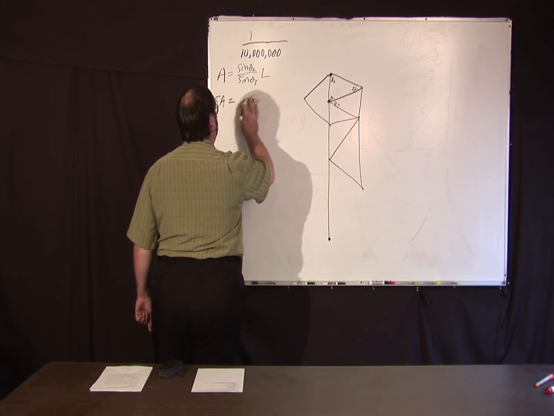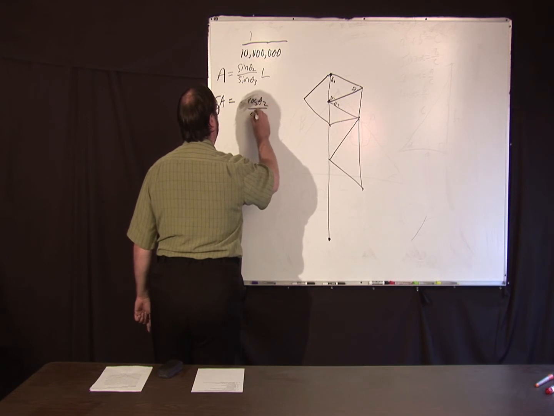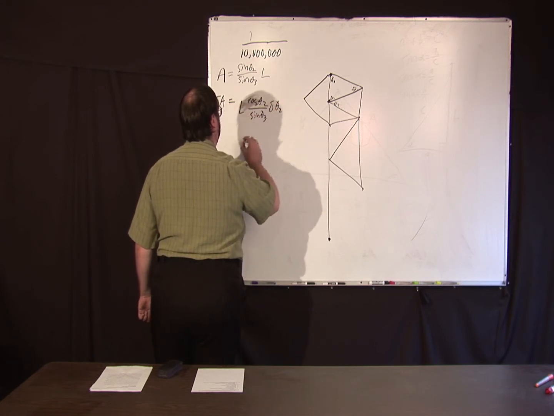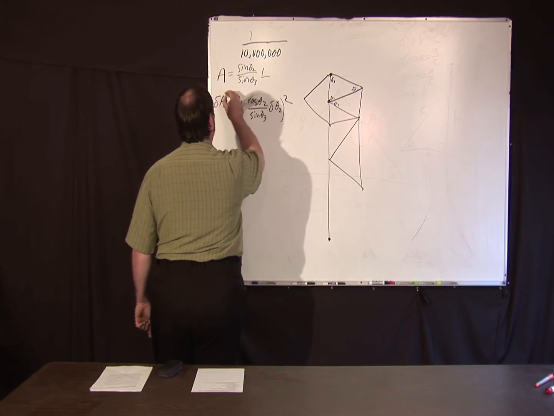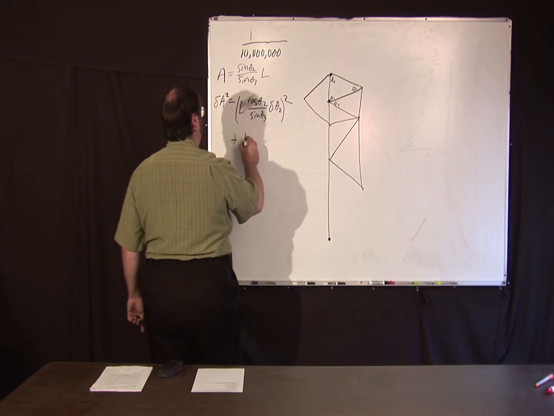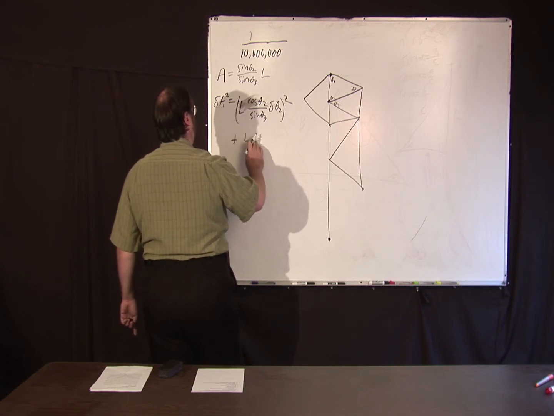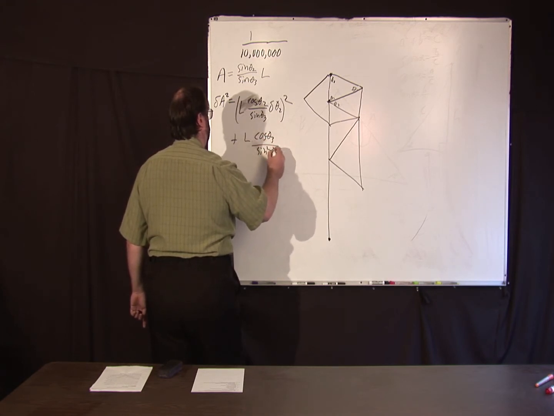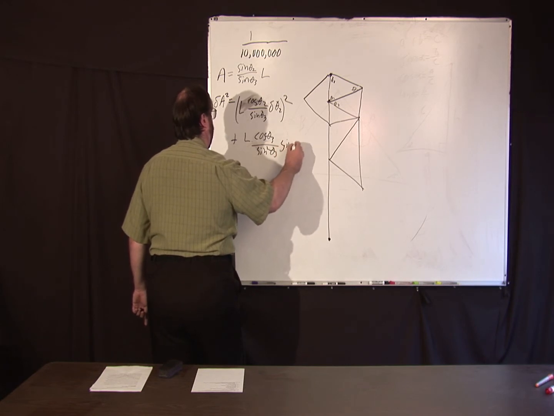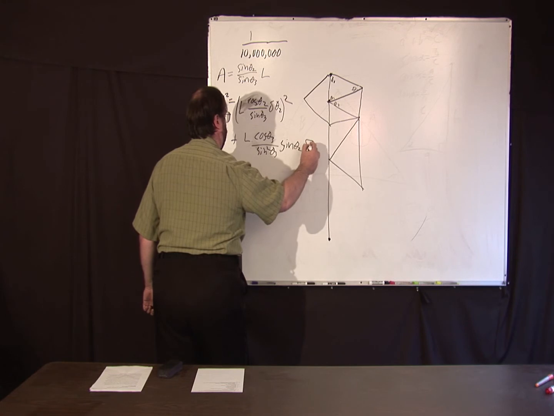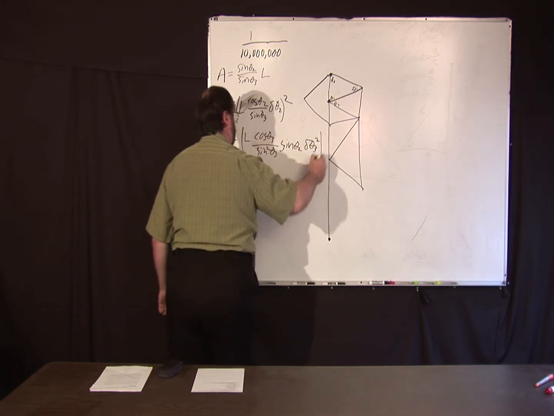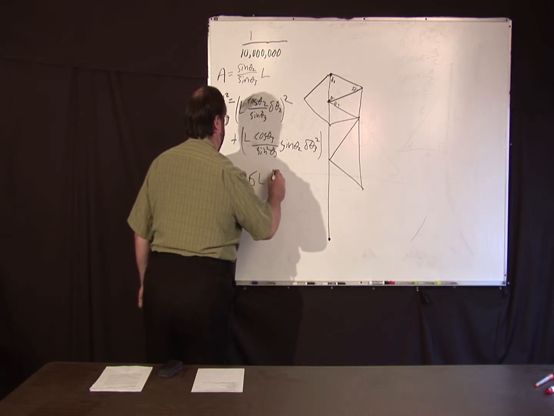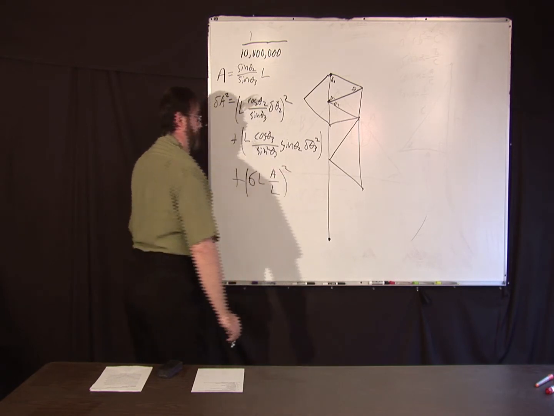Minus it's cosine theta 2 over sine theta 3 delta theta 2 L squared, delta A squared plus L, L cosine theta 3 over sine squared theta 3 sine theta 2 delta theta 3 squared plus delta L times A over L. Okay, just squared. That was just doing some quick math.